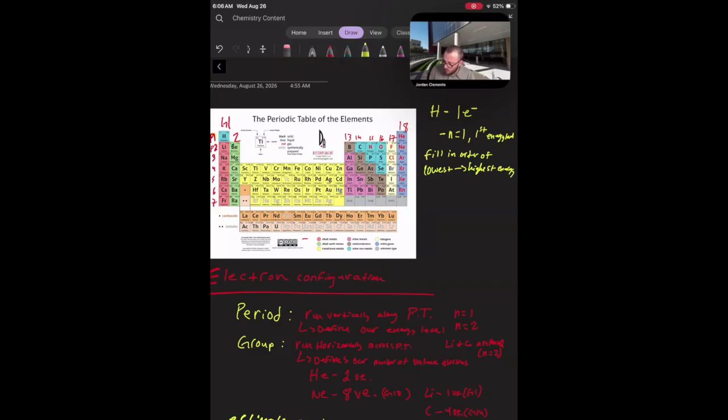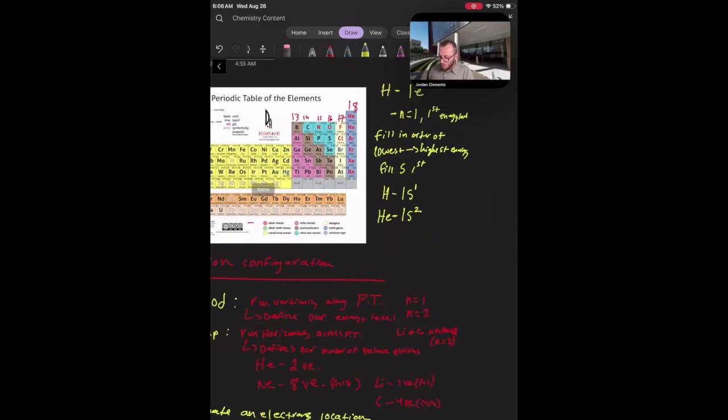And our lowest, simplest orbital is going to be S. So we fill S first. So hydrogen is notated as 1s1. Then if we look at helium, that would be notated as 1s2, because it's going to be 2 electrons in that first S orbital.